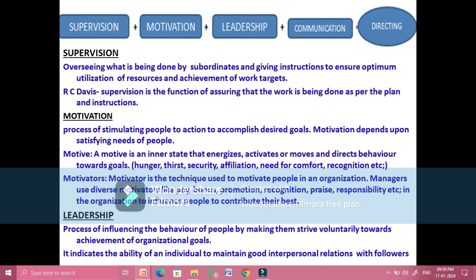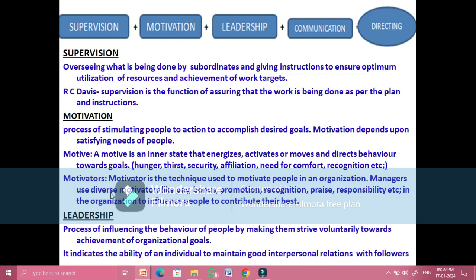Ultimately, motivation means we are satisfying the need; it depends upon satisfying the needs of people. Under motivation we can see three terms: motivation, motive, and motivators. Here we studied about motive.